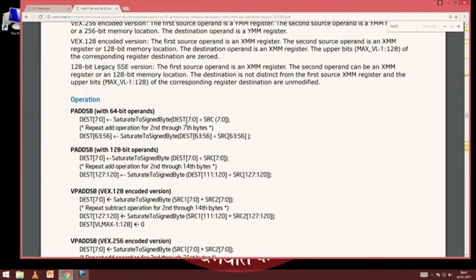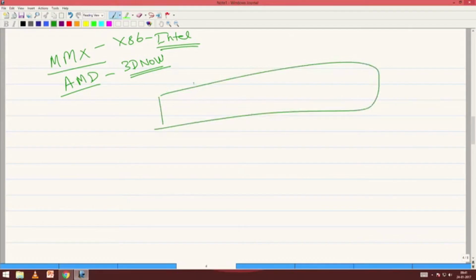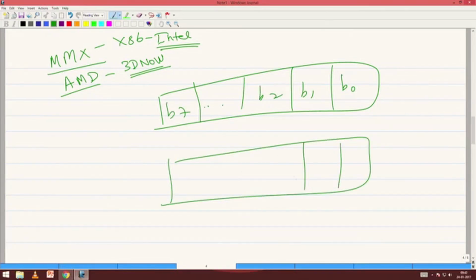There are some 3 to 4 dozen such instructions today. These are all named SIMD instructions. Now let me do an example of this. I have this 64 bits, I will spread it as B0, B1, B2 till B7, and I could have another 64 bits which I will call C0, C1, C2 to C7, and I will put an operator here.